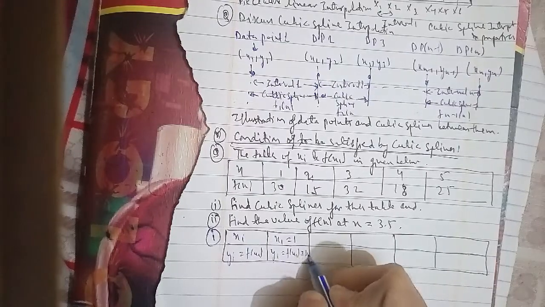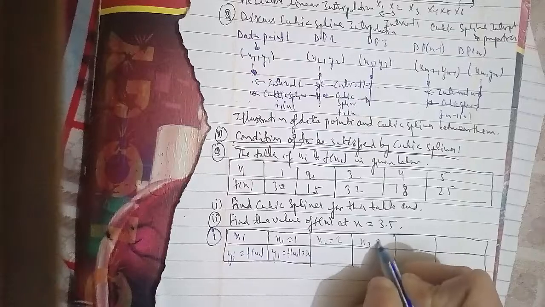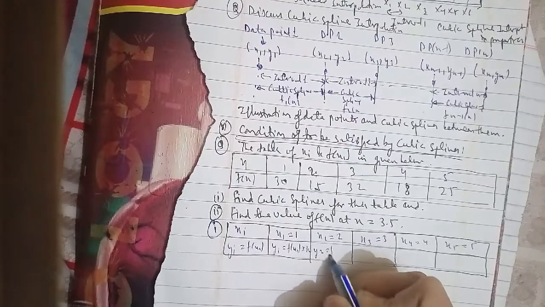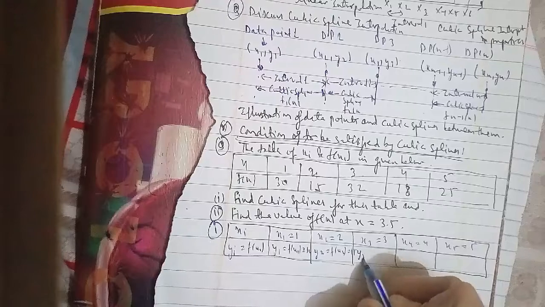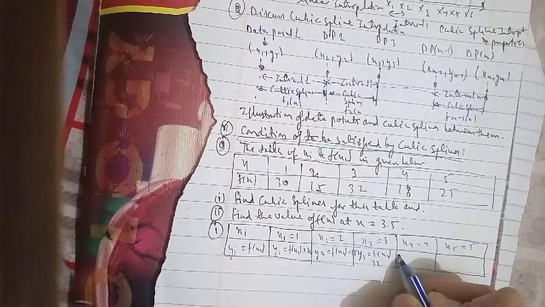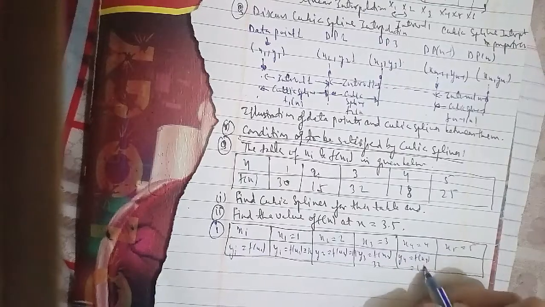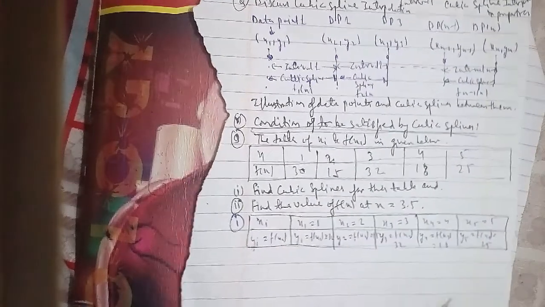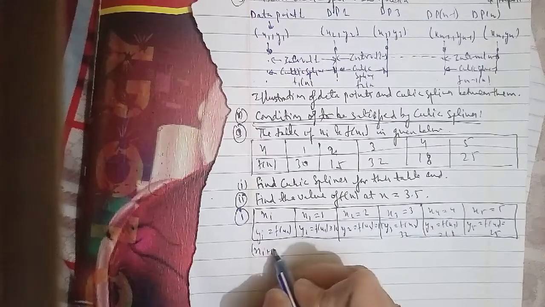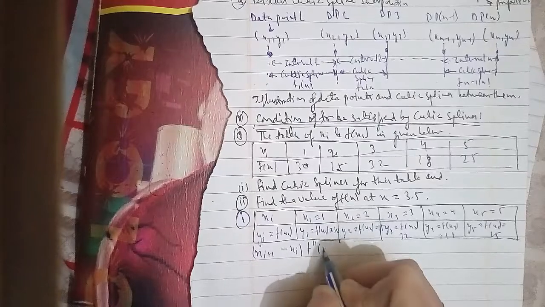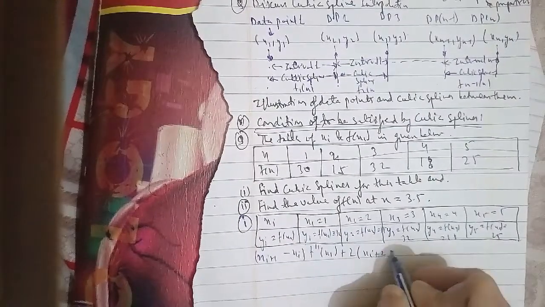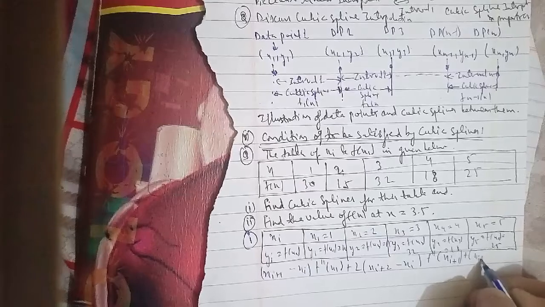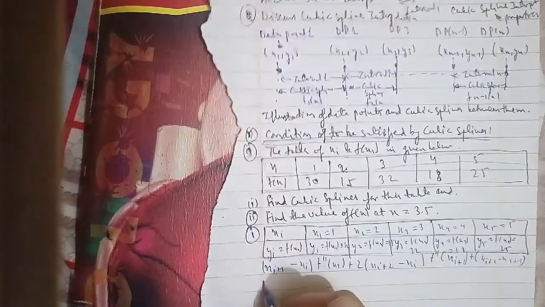So from the equation we get here, we will find it out. (xi+1 − xi) f''(xi) + 2(xi+2 − xi) f''(xi+1) + (xi+2 − xi+1) f''(xi+2) equals 6/(xi+2 − xi+1) times (f(xi+2) − f(xi+1)) minus 6/(xi+1 − xi) times (f(xi+1) − f(xi)), that we have.